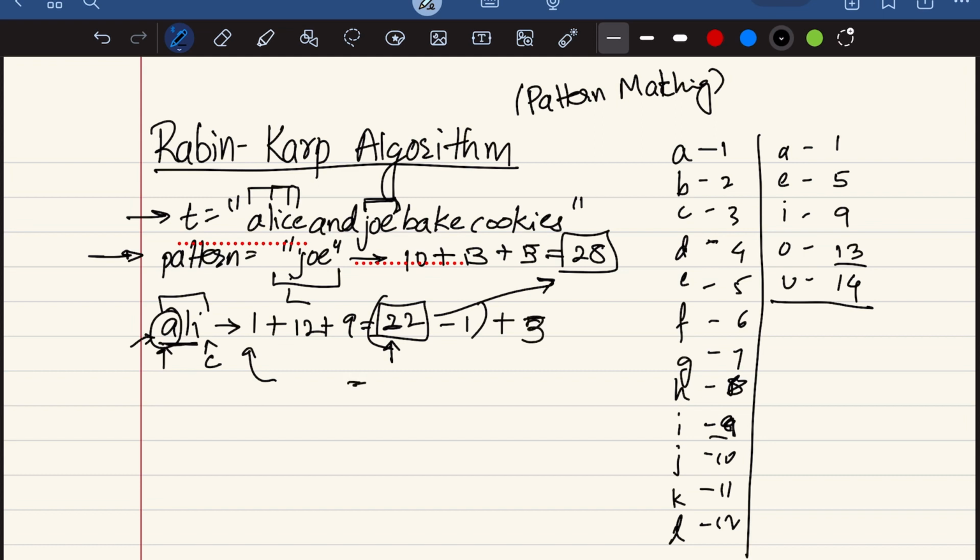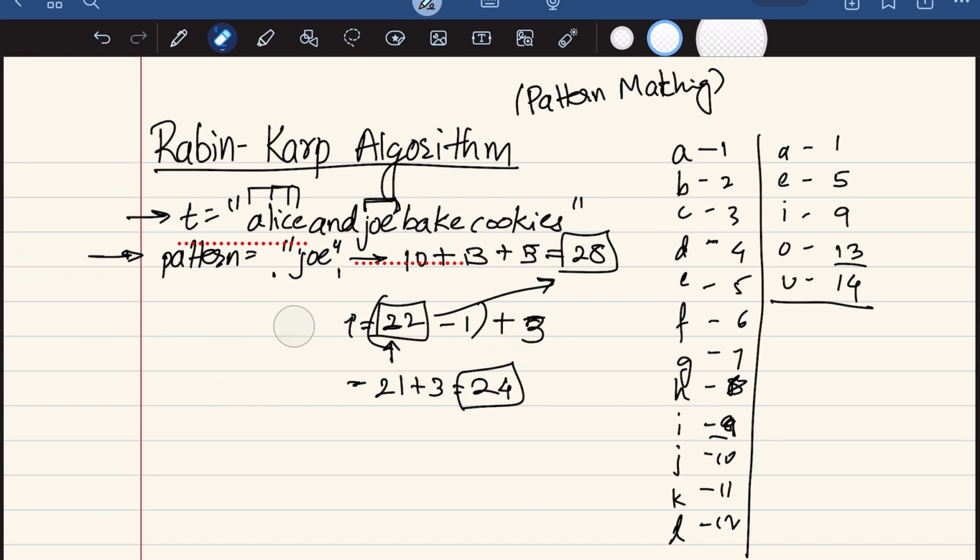So what we get is 21 plus 3, which is 24. That's how we calculate the next three characters. We don't have to add up every letter each time. That's one way of thinking about it, and that's how we are going to use it in the later algorithm as well when we take a different hash function. That's the main idea about this hash function.